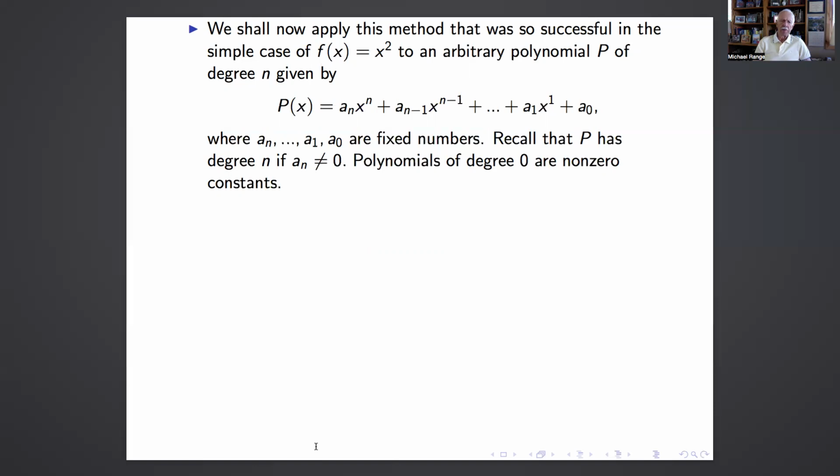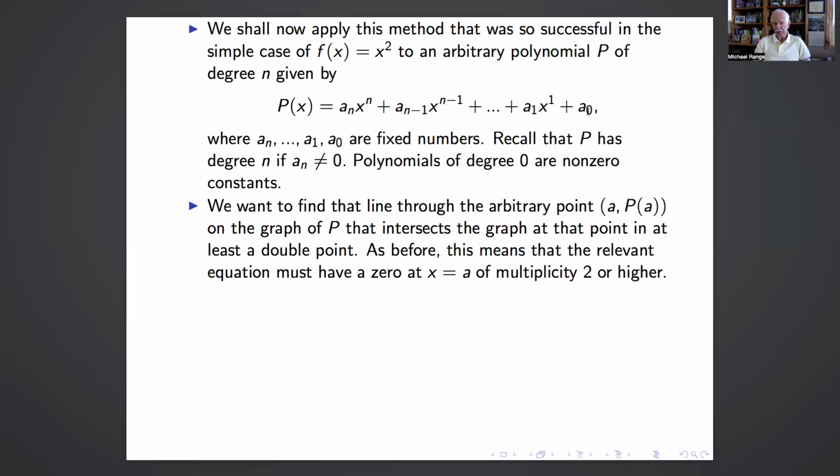And recall that p has degree n if the leading coefficient of the highest degree term is non-zero, so that this really occurs in the expression. And polynomials of degree 0 just have a constant term like this, and of course it has to be non-zero.